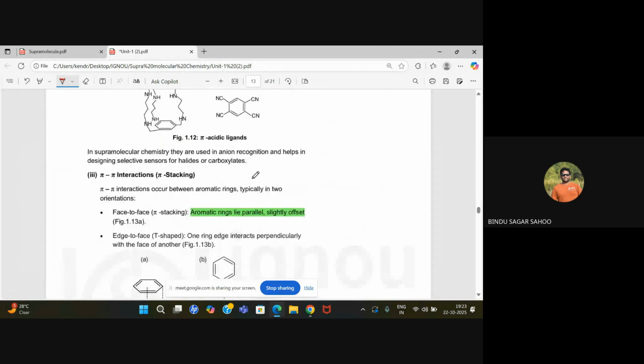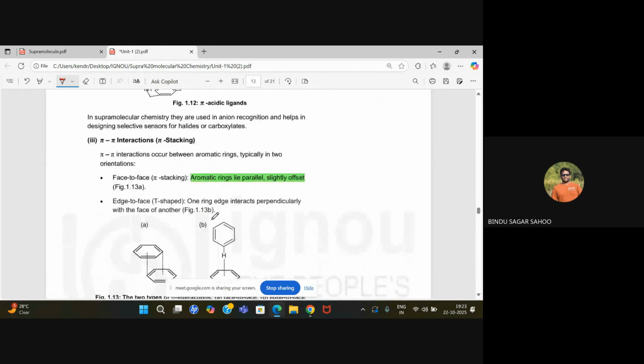Okay, the next is pi stacking interactions. This is popularly present in graphite structures. Graphite will form different planes, just like benzene rings. They can form a huge number of planes of benzene rings.